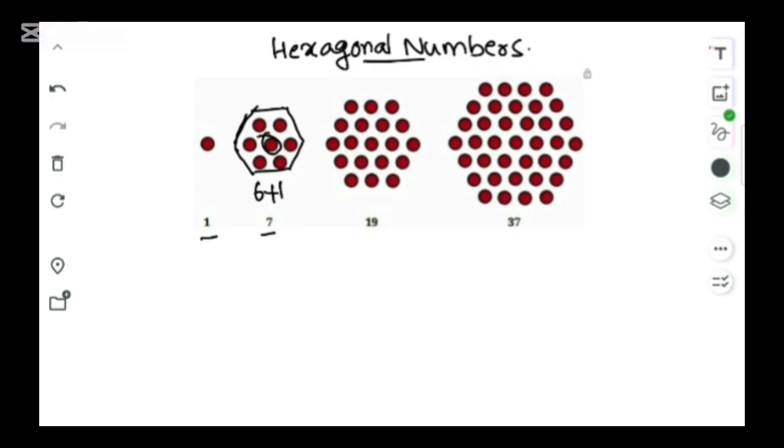In the next figure, we add another layer. The new layer has 12 dots, and including the previous 7 dots, the total is 19. Similarly, the next layer adds 18 more dots.